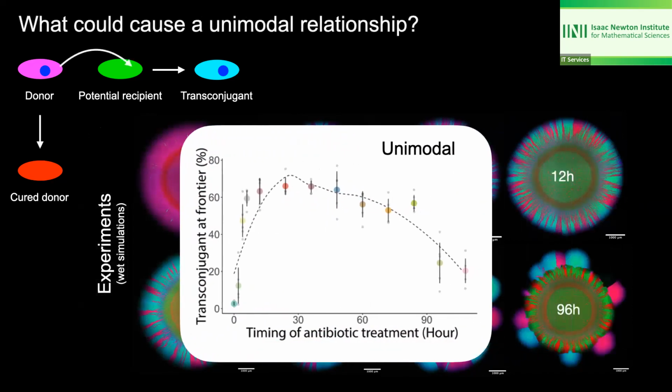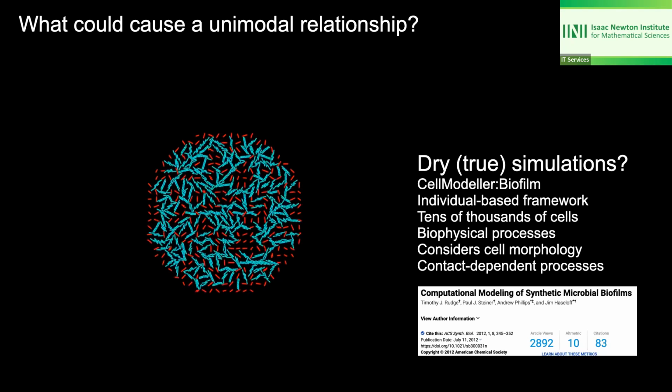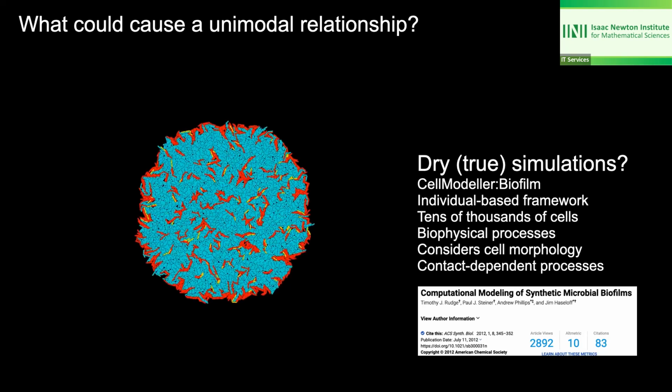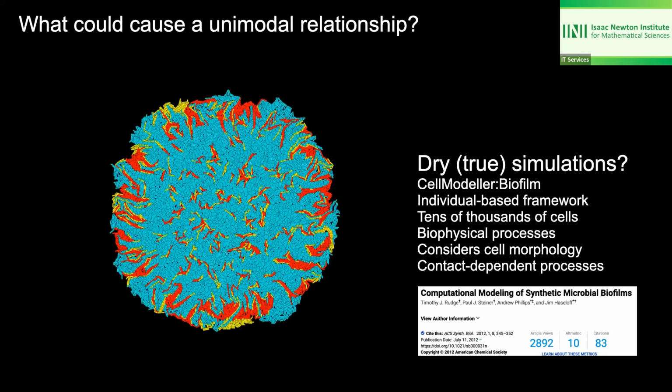So then the question is why? What could give rise to such a unimodal relationship? To do that, we switched over to, I guess, dry simulations. We're using an individual-based model. The model we use is CellModeller, which is an individual-based framework. It works really well for us because we can model tens to thousands of cells, and it takes into account the biophysical processes acting on cells.